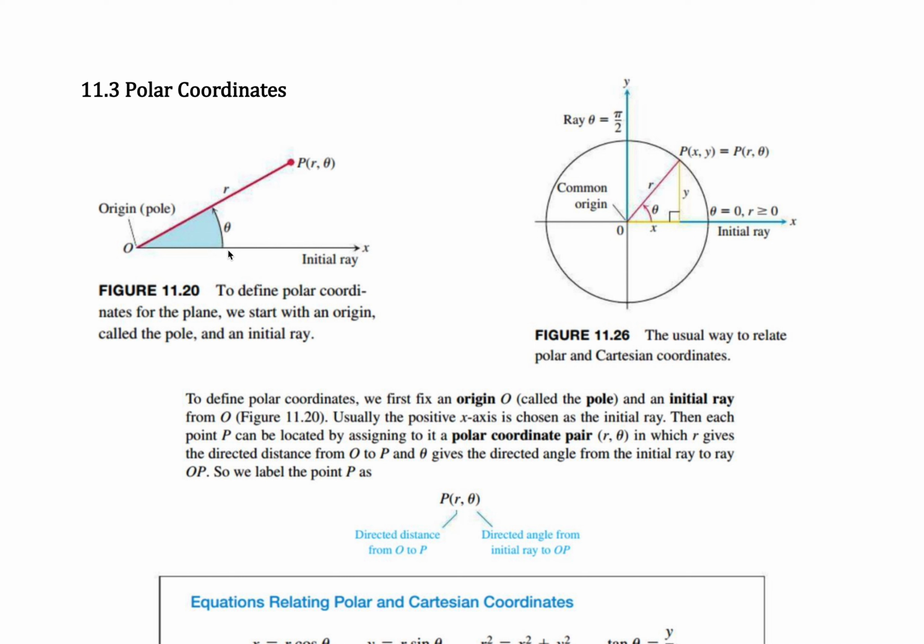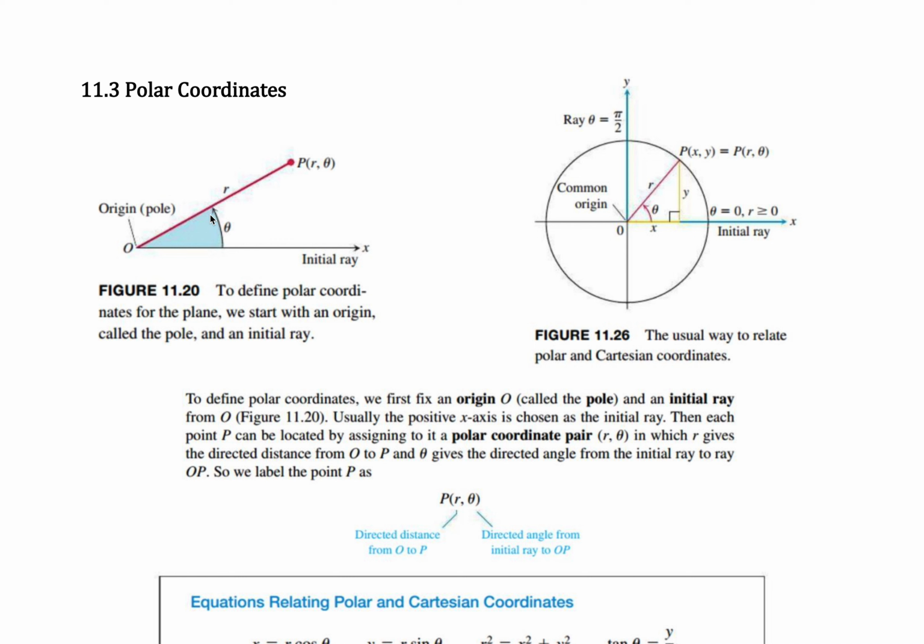Theta is going to be the angle between the initial ray and the line segment that connects the origin or the pole to your point. And then r is the distance of that line segment. So when you're given a polar coordinate, it's going to be, again, (r, theta), where r is the distance of that line segment, theta is the angle.